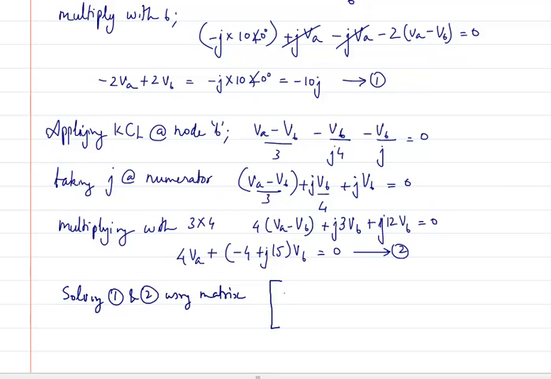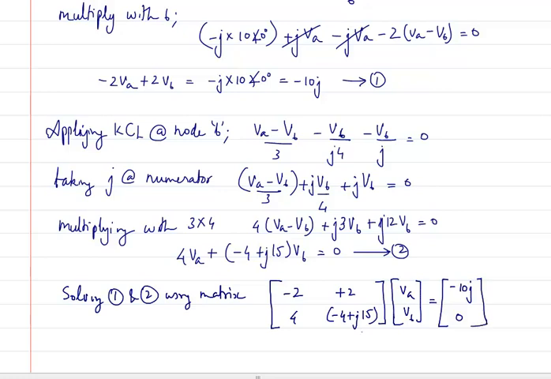So it will be minus 2 plus 2, then the second equation it is 4 minus 4 plus J15 multiplied by VA VB, and that is going to be equal to, the first one is minus 10J and the second is 0.